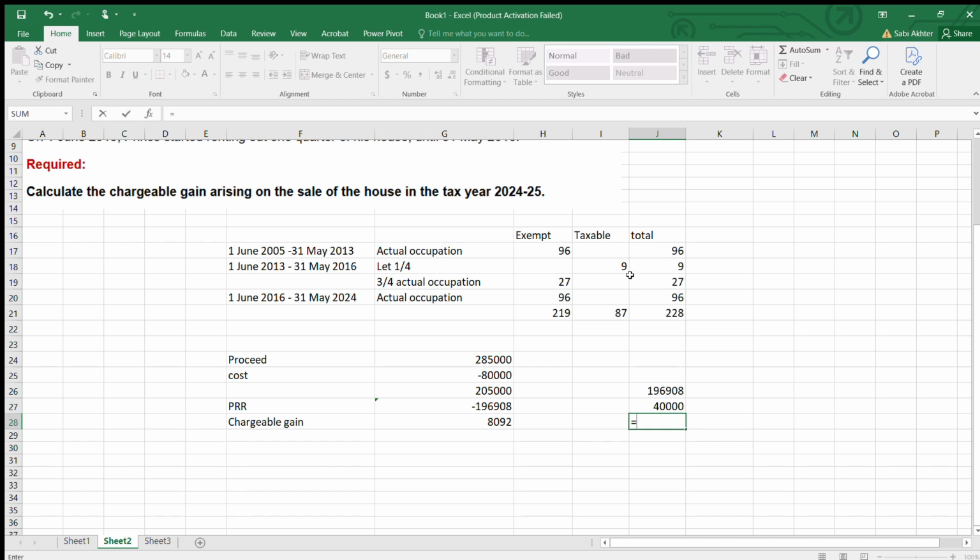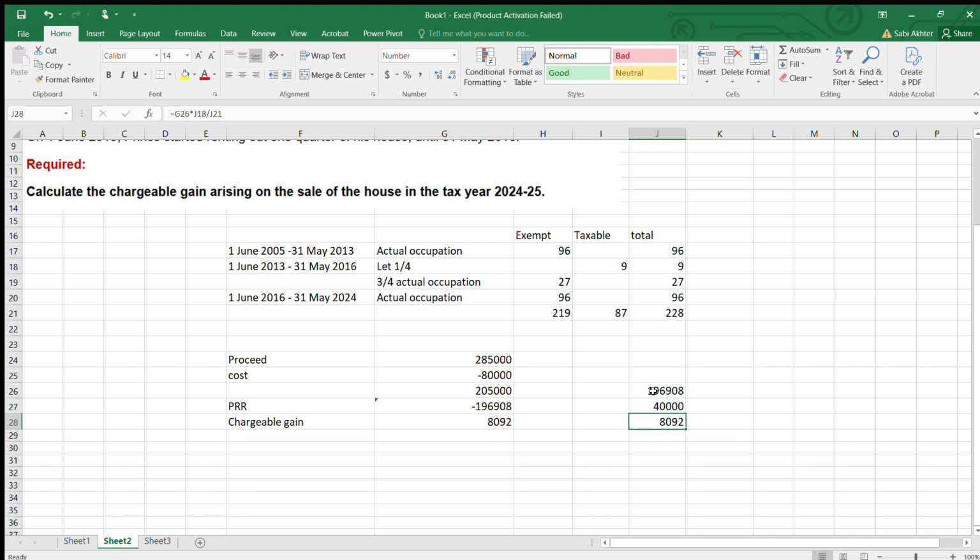How many days was let? Only 9 out of the 288. So here on this 205 gain, multiply the letting period, which is 9, divided by the total. So just drop down the list. It's the same as your chargeable gain, 8092.